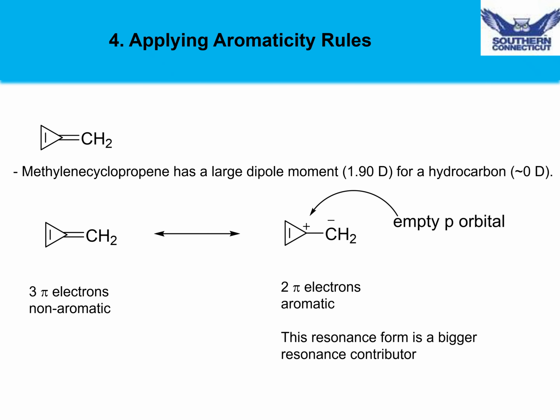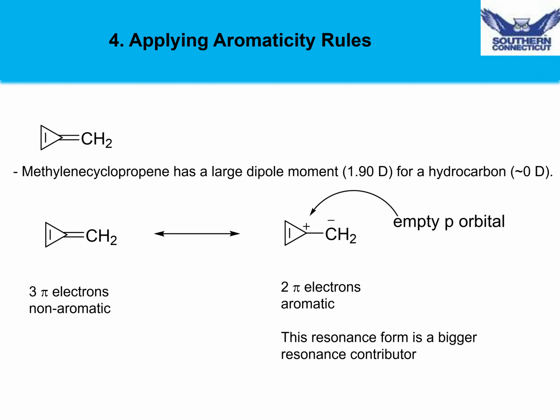An interesting example of an aromatic compound is methylene cyclopropene. When you look at it, you'll notice that it is made up solely of carbon and hydrogens, so it's a hydrocarbon. Most hydrocarbons typically have very little dipole moment.